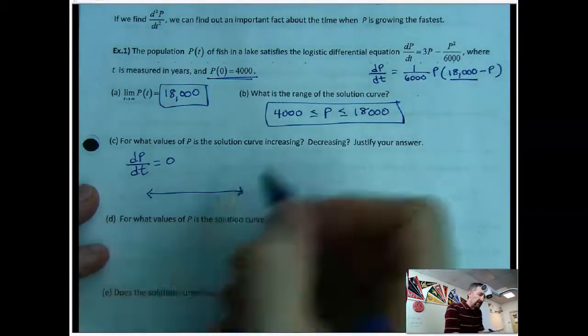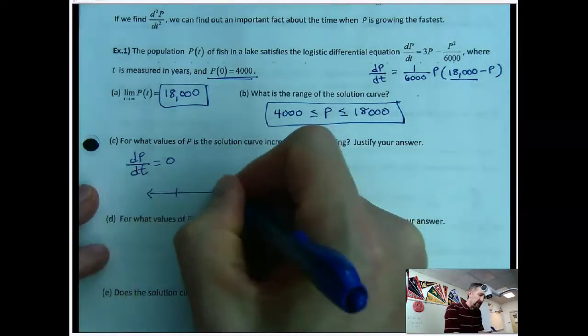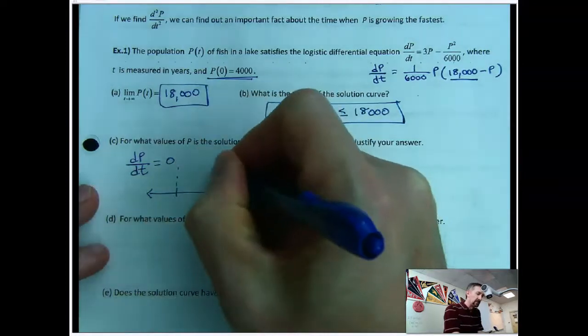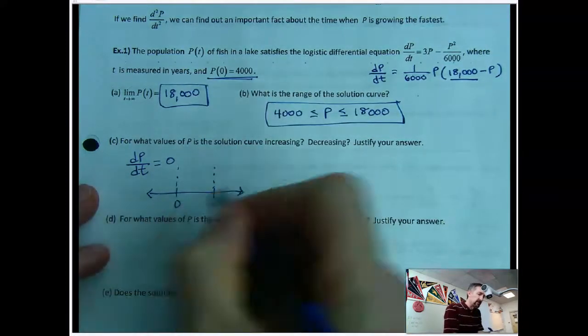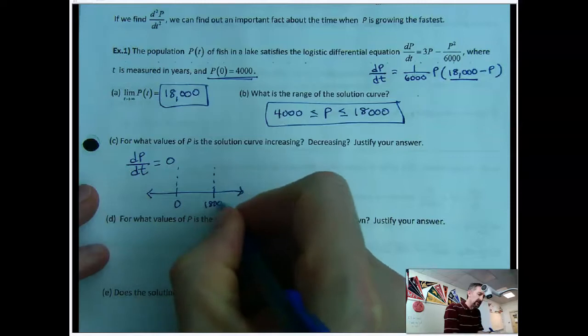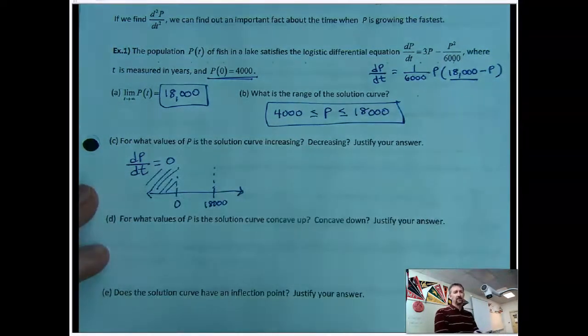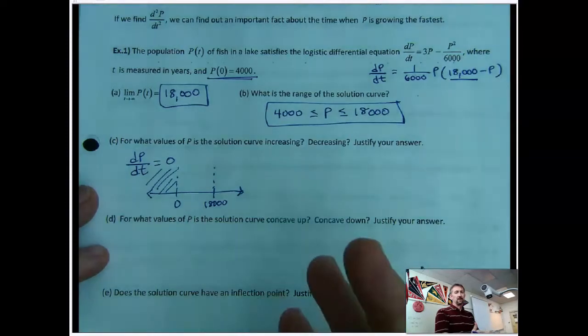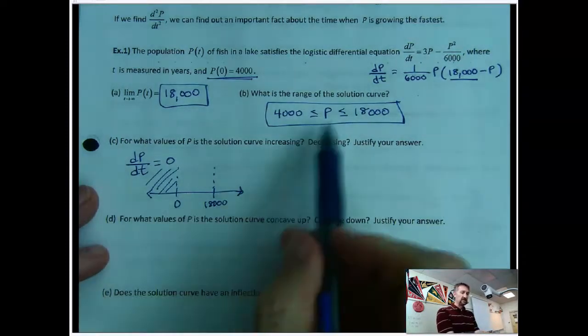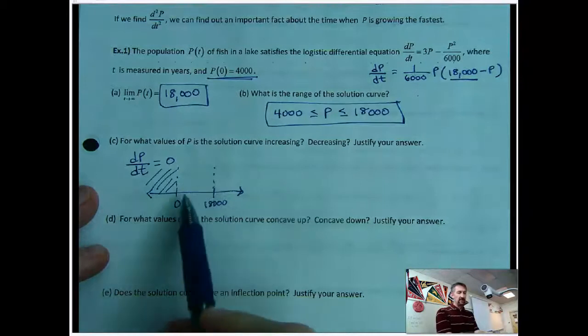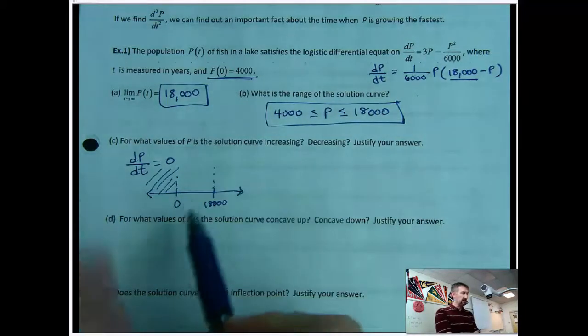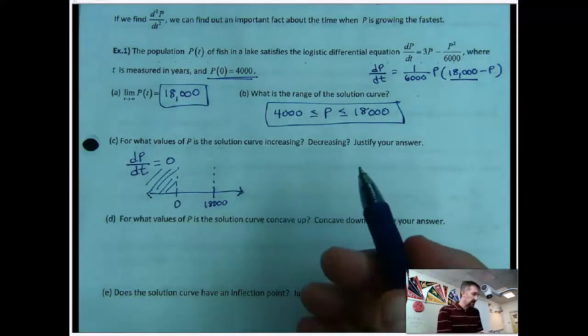So back to the good old days of AB. We would do a little sign chart here, and that's 0, and this is 18,000. But we're not really going to test that section of the values because it doesn't even go that low. And I need to get closer to 18,000.